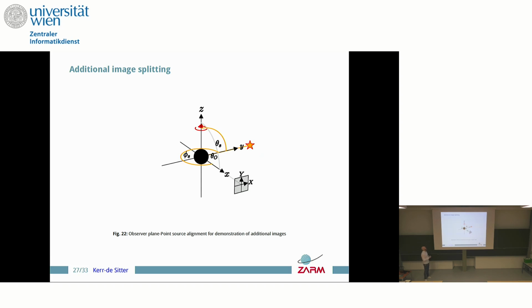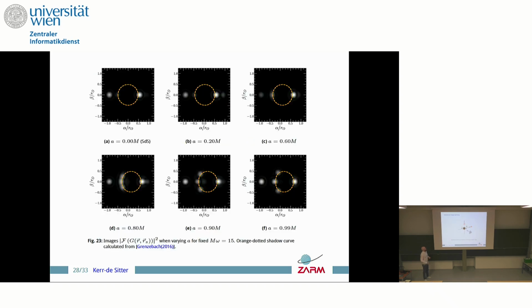For example, if now the formation is in such a case that we have our black hole rotating in this way, and we place our point source here and our observer here, then what one can see is that in this direction, in this configuration, the primary image is on the boundary of the shadow curve, and we have a second image here and a very faint third image here.